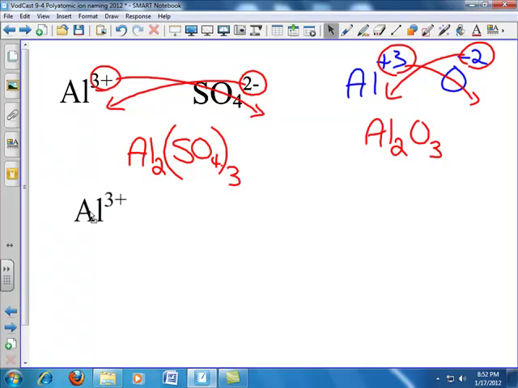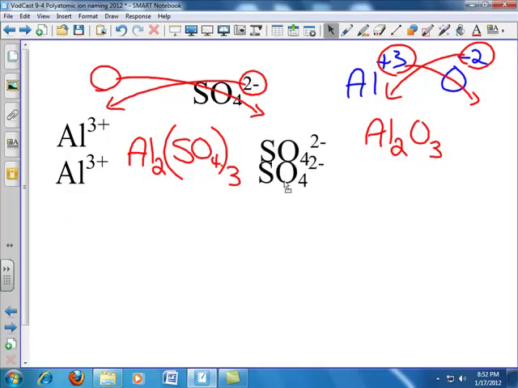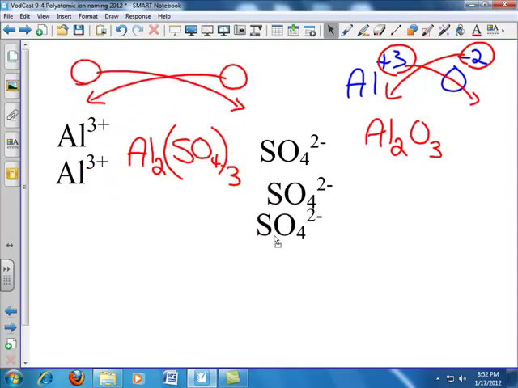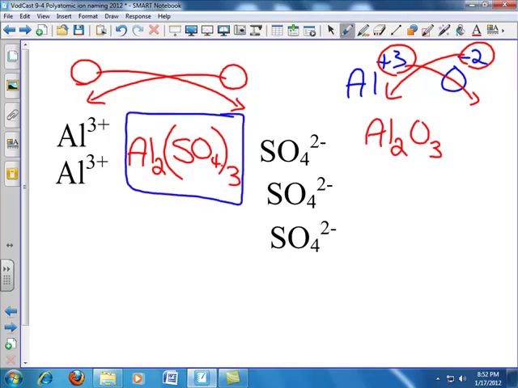But just dealing with this, I have 2 aluminums that are +3, and I have 1, 2, oopsie, 3 SO4s that are 2-. And so this formula right here indicates that that's what I have. I have 2 aluminums and 3 SO4s.